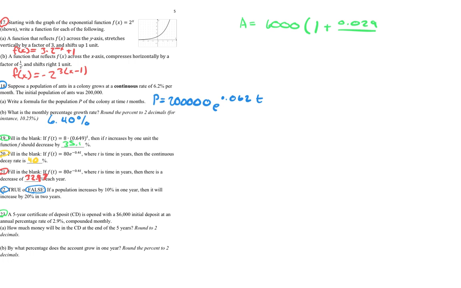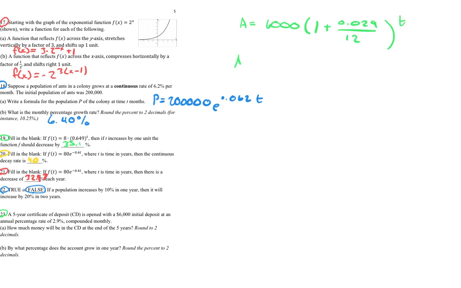Because this is our annual rate up here, and we want it compounded monthly, we take this and we divide it by 12. So that way, this is now our monthly rate. Then we just have this to the power of t. So here we're wondering how much money will be here after 5 years.